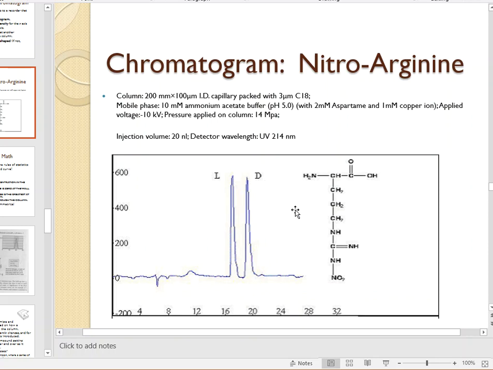Both of these are arginine, and they give you the structure over here to the left. One is the L form and one is the D form. The L form means levo or left-handed, and the D form stands for dextro, which is right-handed. So chromatograms actually have the capability of separating two identical molecules.